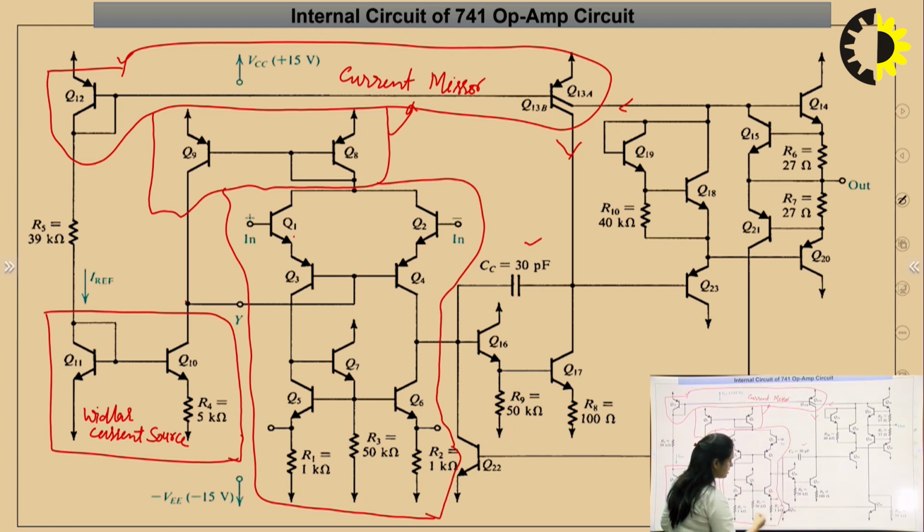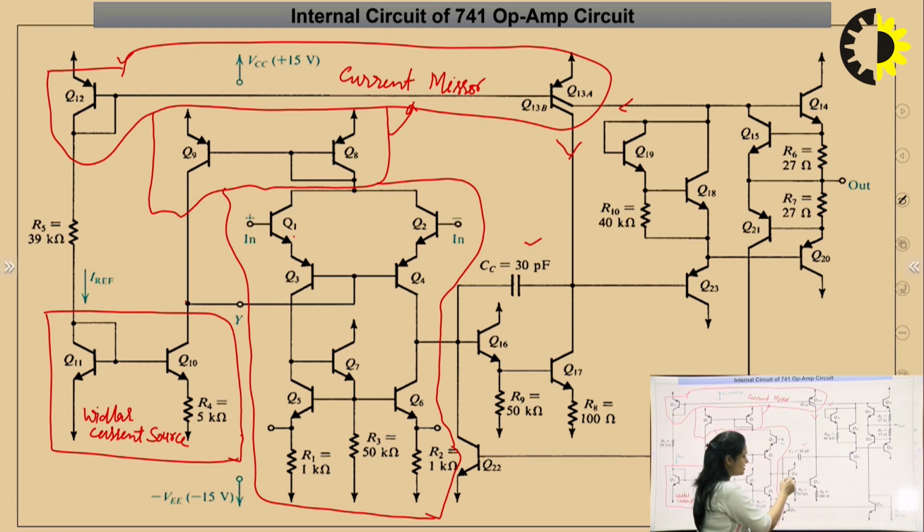Now, this is the circuit which has the second stage, output stage and short circuit protection circuit. So, till now we have discussed the biasing circuit and the input stage. Now, just see the Q16, Q17 transistors.